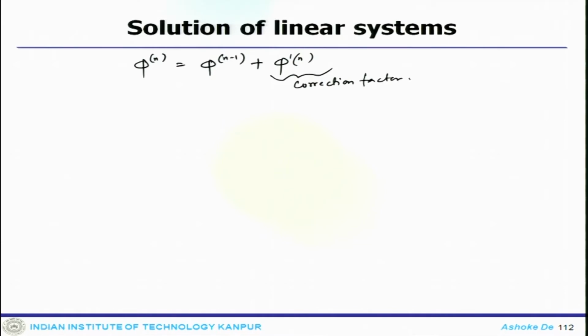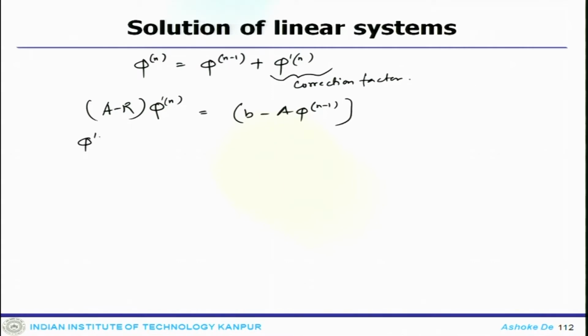Now, the previous equation becomes A minus R phi prime n equals B minus A phi n minus 1.